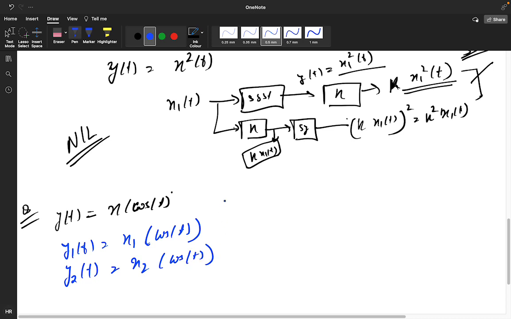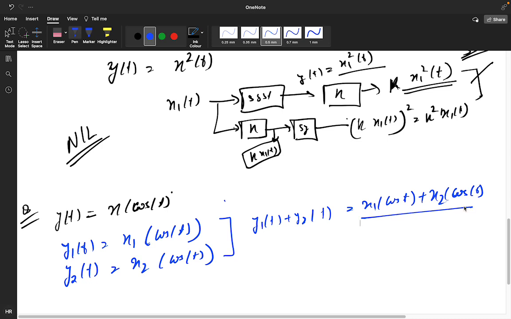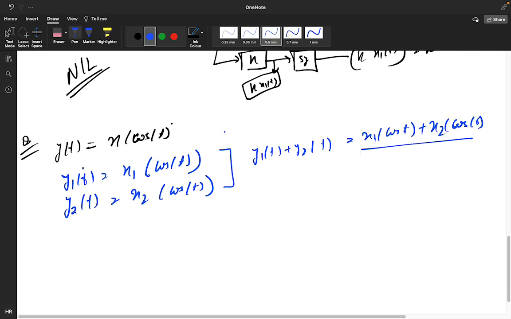These are added, so y1 of t plus y2 of t gives x1 cos t plus x2 cos t.